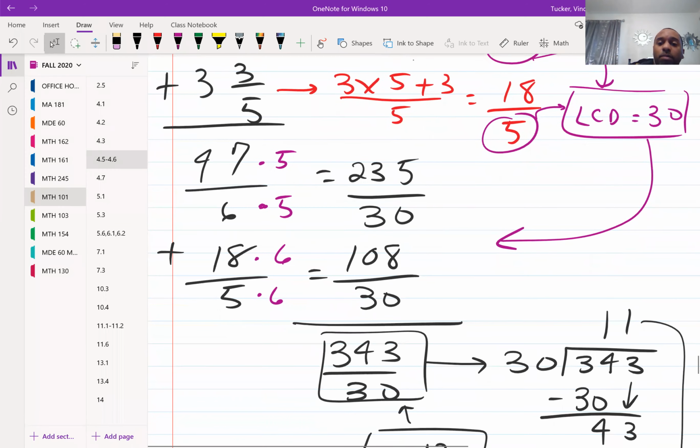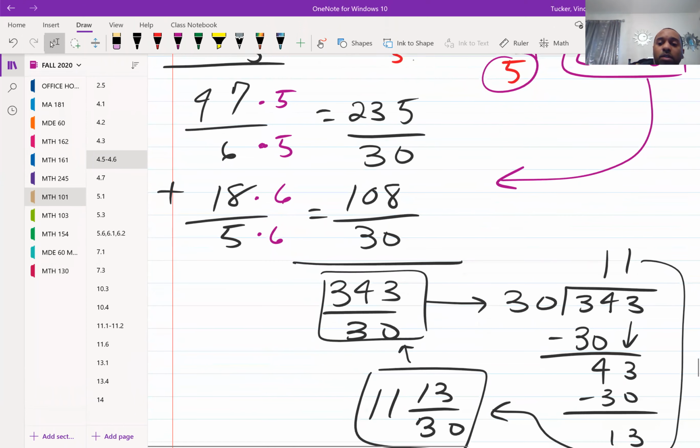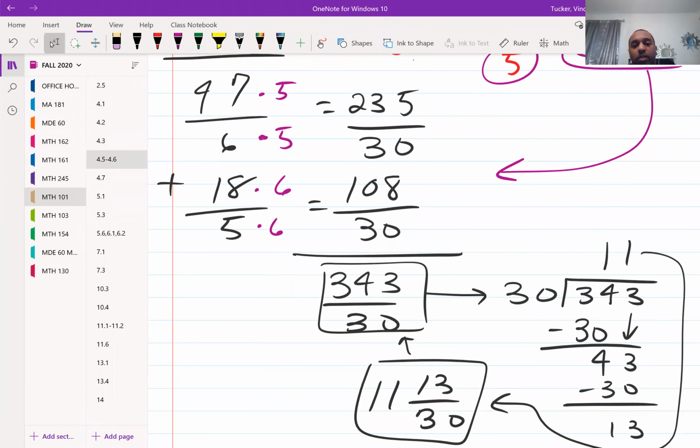All right. So that'll be 343 over 30. Now, if they don't ask, then you should be good. But if they do ask to make sure your answer is in mixed number form, then of course this will be the process. Take the 30, divide it into 343.